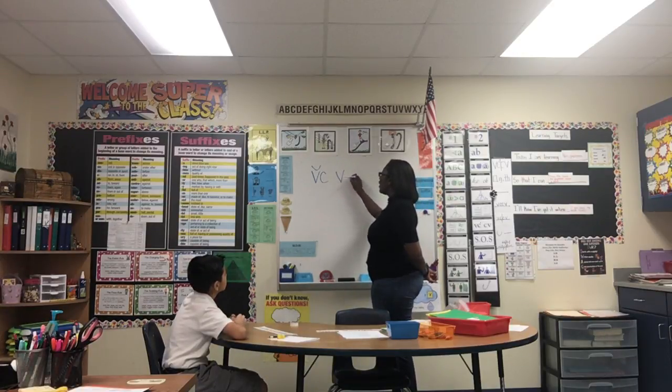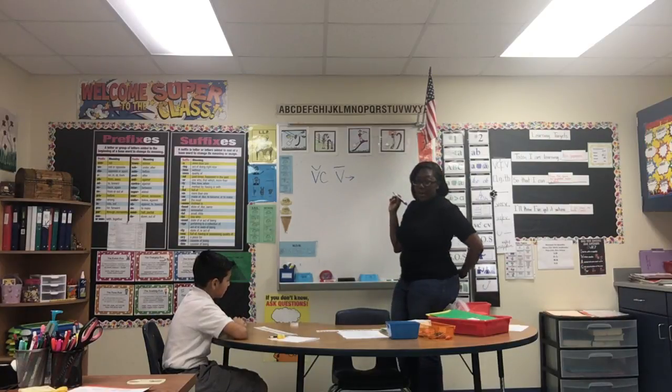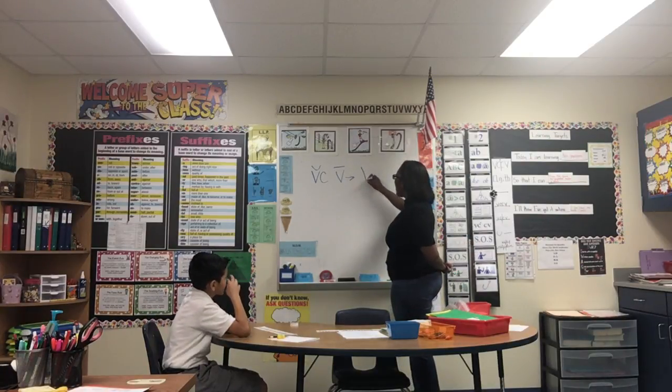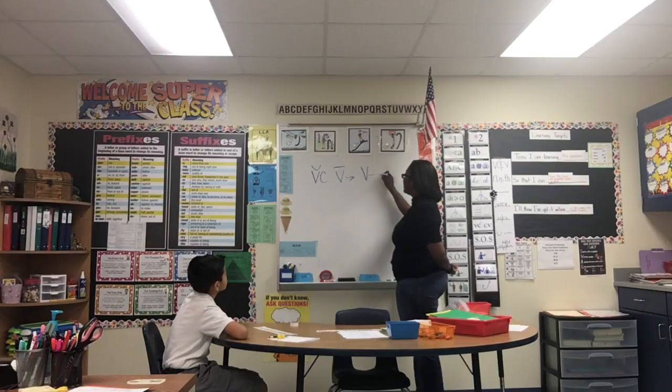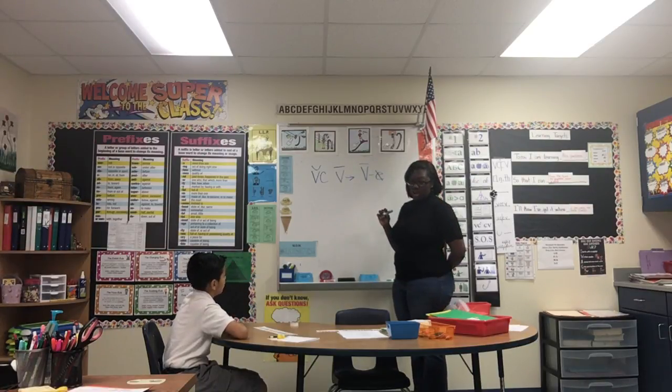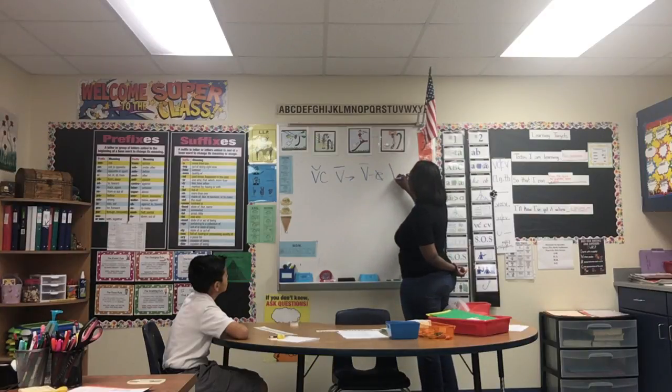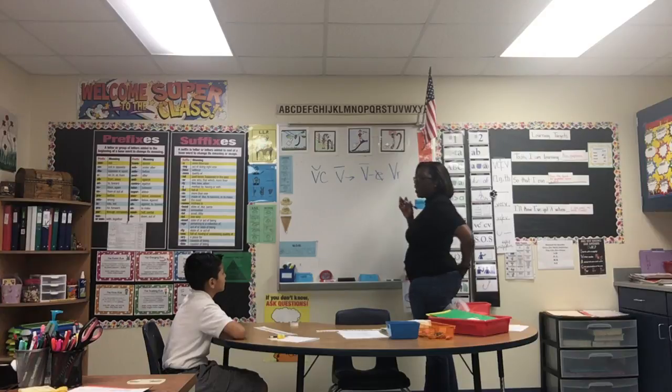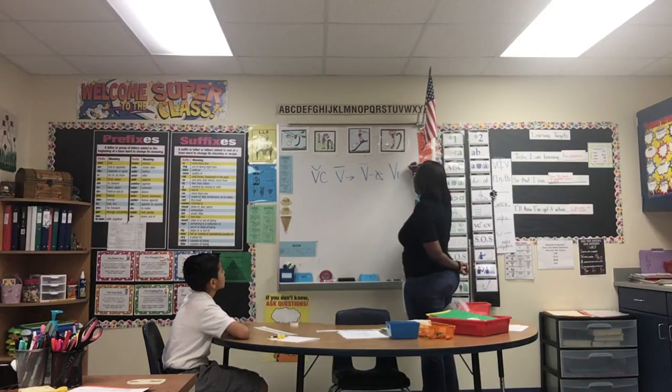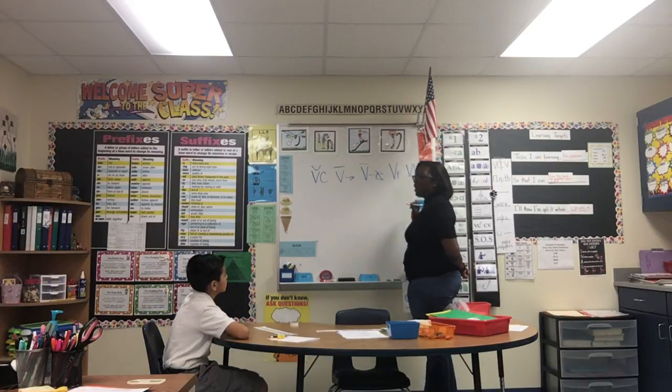A vowel in an open, accented syllable is long. We code it with the macron. Vowel, consonant, E: the E is silent, the vowel is long. We know vowels that are R-controlled, like AR, ER, and vowel pairs, like EE, OO.